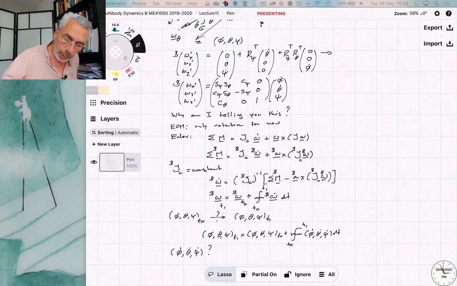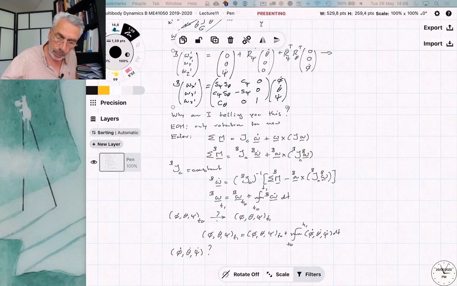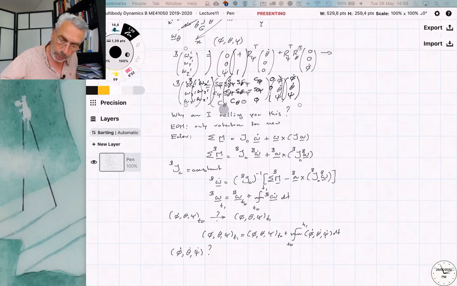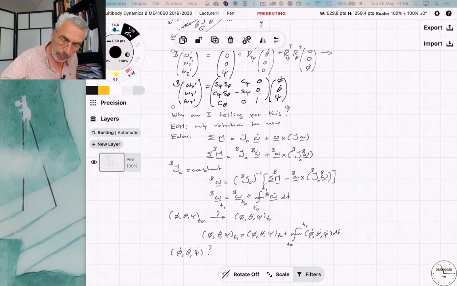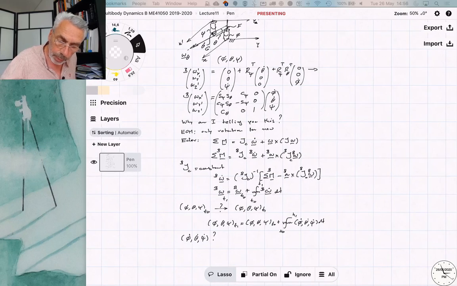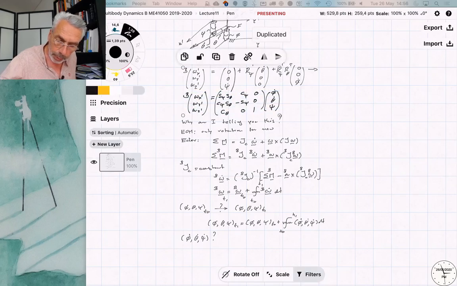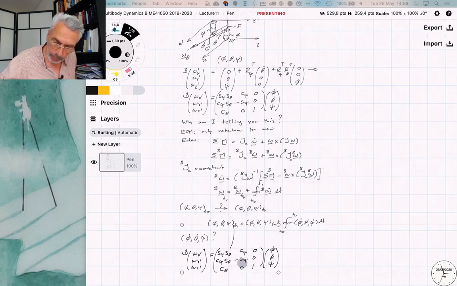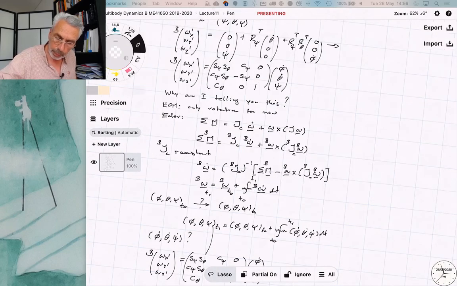This is a useful expression, the one we're going to use. Let me duplicate it and put it here.